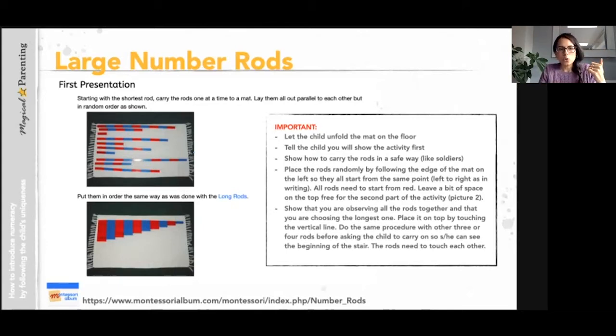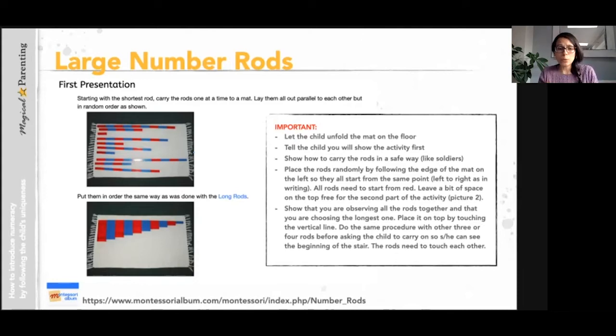And then again, you compare between these maybe and these, and you compare with your hands, and then you touch from the left to the right, and then you place it. But this time you place it next to each other, because now there is a connection in terms of meaning between those rods. You do again, maybe 3 or 4, so they can start to see the scale kind of forming, and then they can carry on.